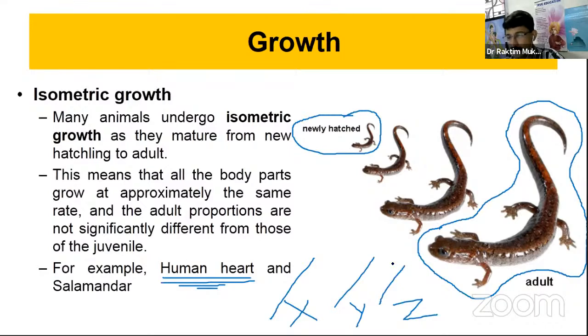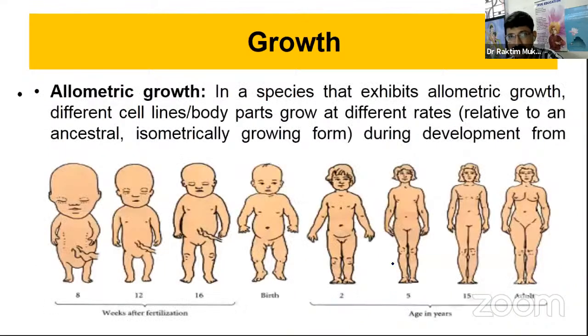Rather than my explanation, as the proverb goes, a picture is worth 1,000 words, so the diagram says it all. In a species that exhibits allometric growth, the different cell lines or body parts grow at different rates.